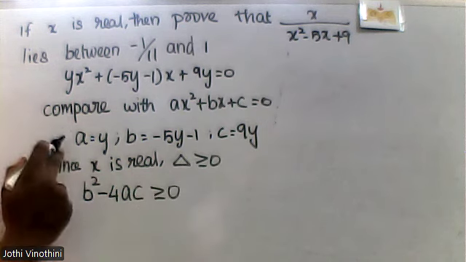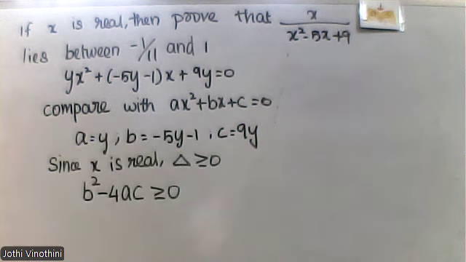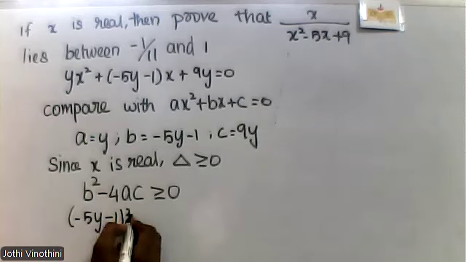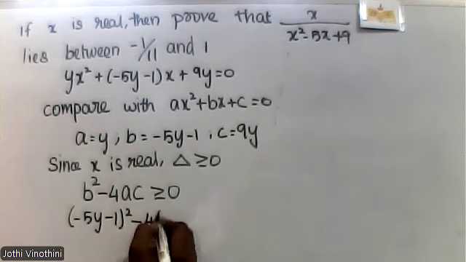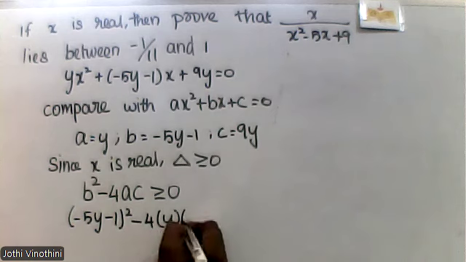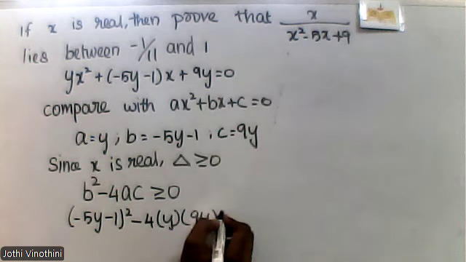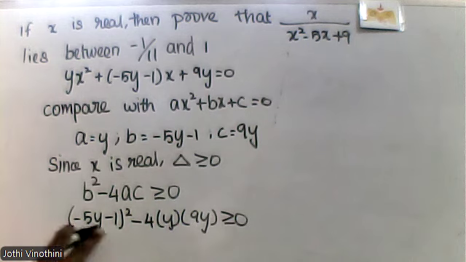We know the values of a, b, c, so we can simply substitute: (minus 5y minus 1) the whole squared minus 4 multiplied by y multiplied by 9y must be greater than or equal to 0.